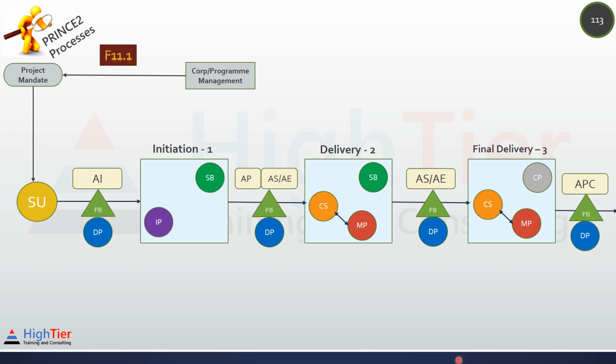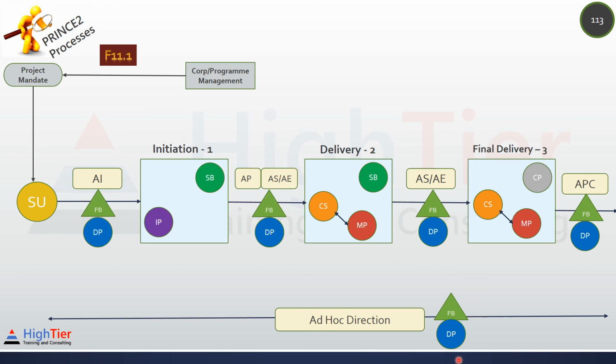The project board can make decisions anytime as and when needed. They can ask you to close the project prematurely if required, which is part of ad hoc direction. The project board also needs to notify the corporate or program management of the major decisions taken.